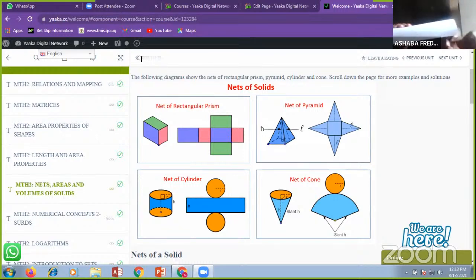This surface here is one of the sides. Then we have another surface here. These ones we are going to remove.